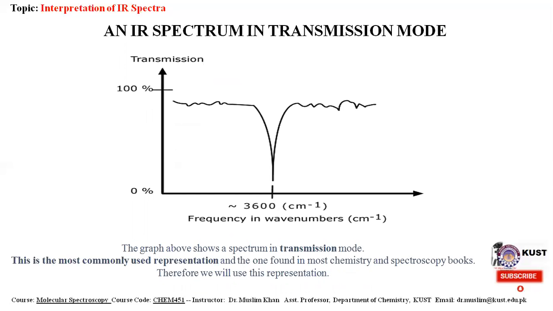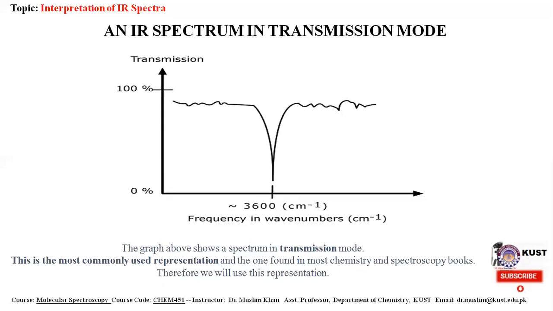And this is usually how you see the IR spectra. In transmission mode, the transmission of the sample is like 90%, and usually we take it as 100% for blank. So it will show like this. And when the transmission is decreasing, it means that absorption is increasing. So this is giving you the information that this sample is absorbing, or transmitting less.